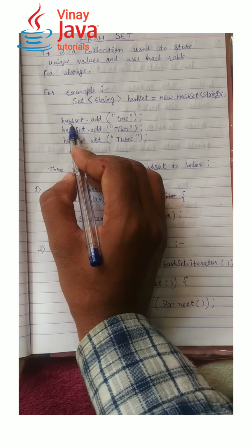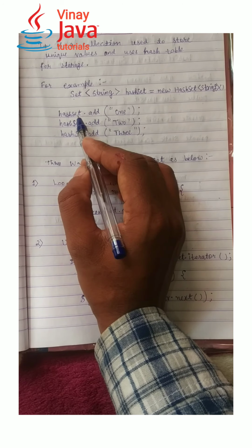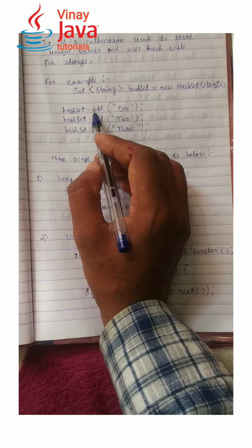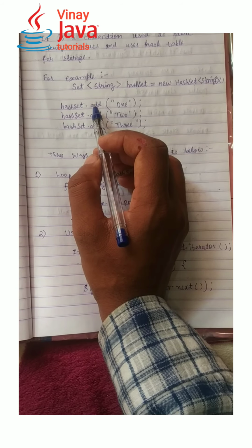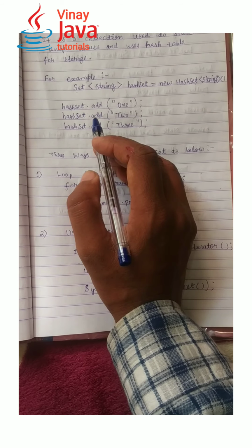Then I am adding the elements one by one on the hash set object. Hash set object dot add. It has the add method, while in hash map it was the put method because it was a key and value pair.